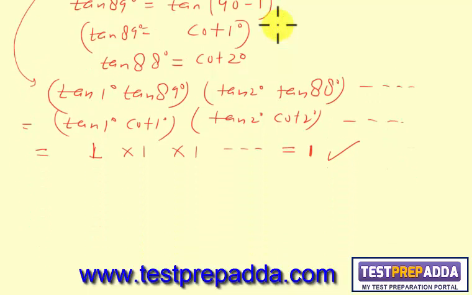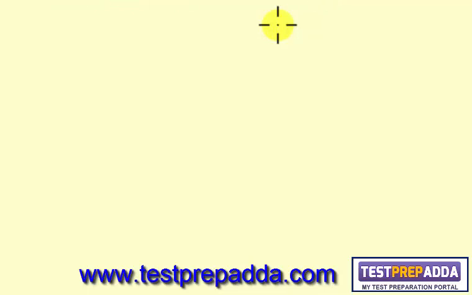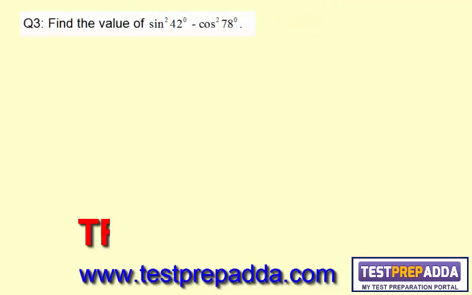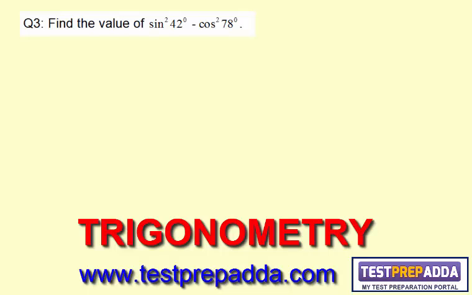Now here I am going to take another question. Here the question says, find the value of sine square 42 degree minus cos square 78 degree. Before I find the answer to this question, let me tell you one basic identity, very interesting.